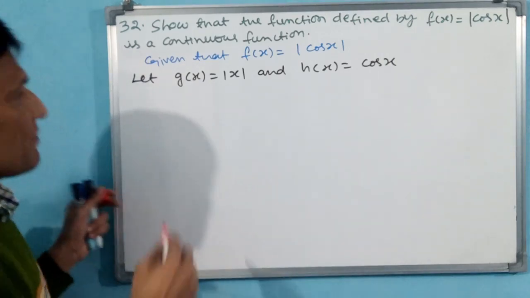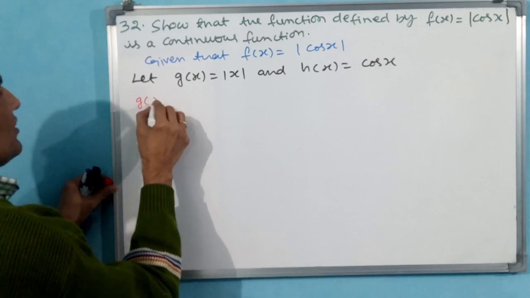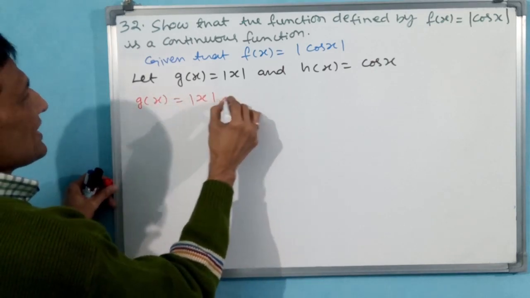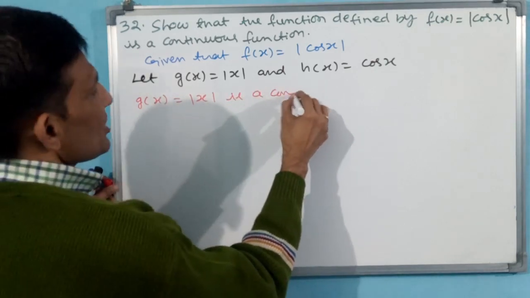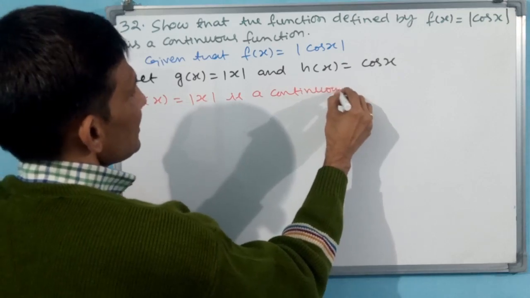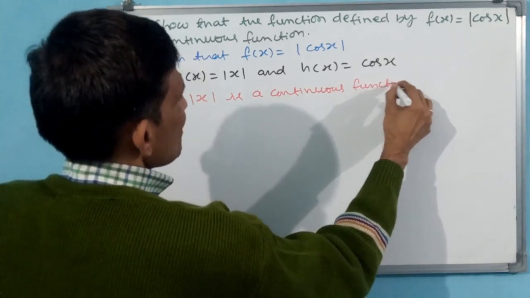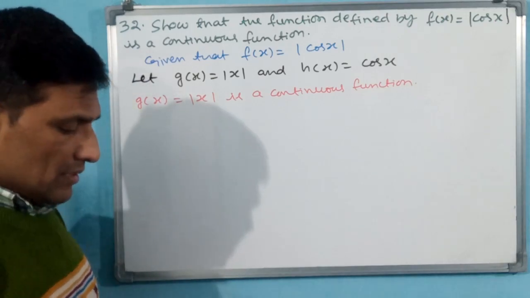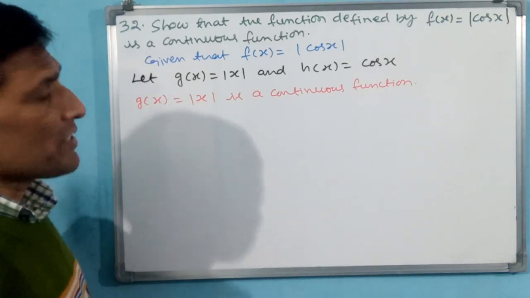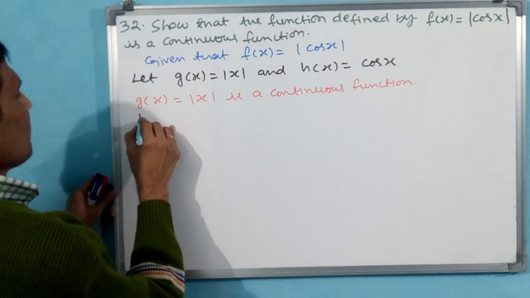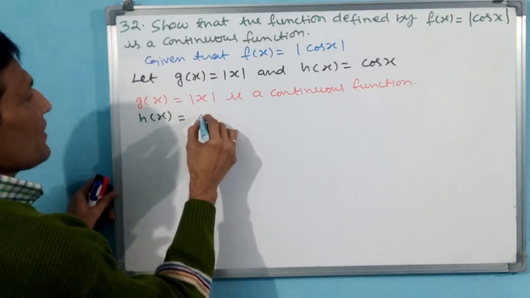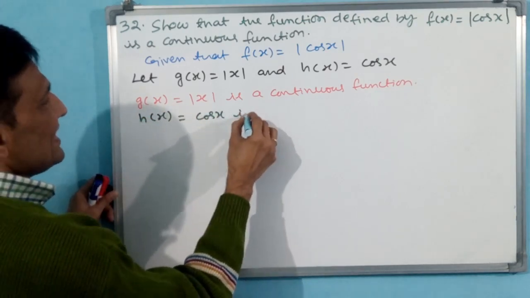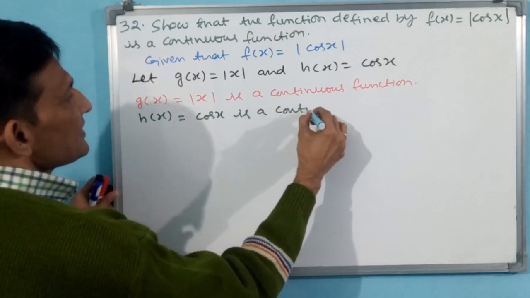Next, what you are writing? g of x is equal to modulus x is a continuous function. And then next, h of x is equal to cos x is a continuous function.